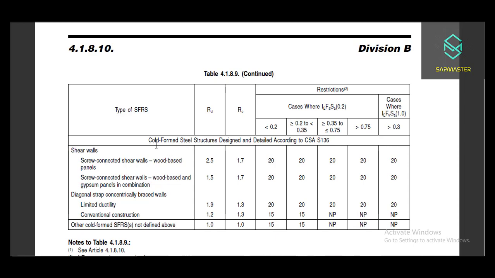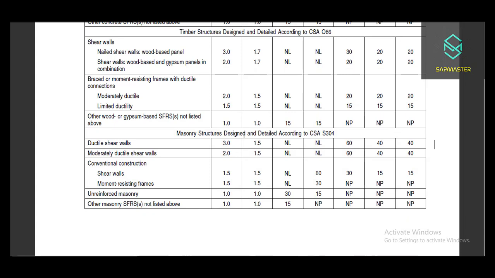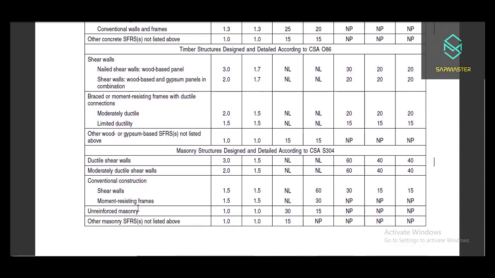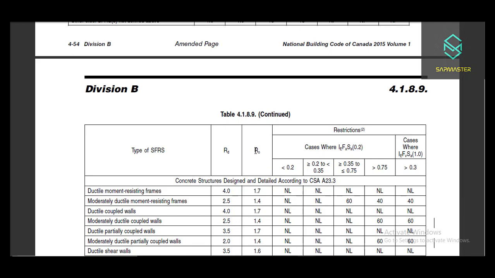So here it is for cold formed steel. That's not what we are looking for. Masonry structure, and this is exactly what we are looking for. So it's moderately ductile shear walls, right? So the numbers are here, 2 and 1.5. 2 for RD and 1.5 for RO.